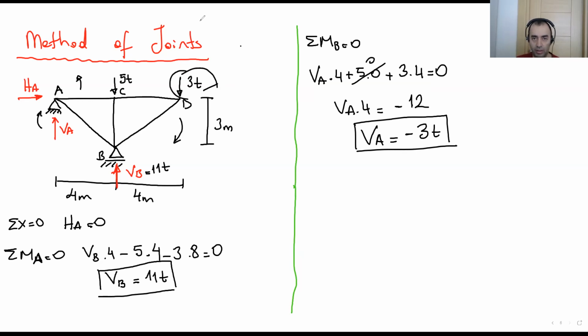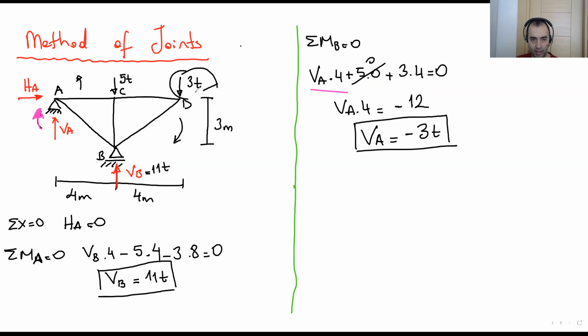Okay, let me change the color here. For total MB, what I assumed, I start from the vertical A from here. I assumed this direction is positive. Okay, so I write here vertical A times 4. That's okay. So there is no moment coming from 5 ton.